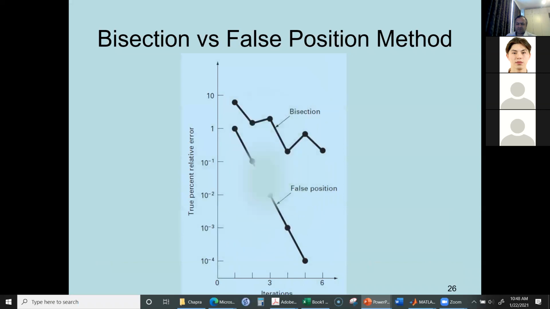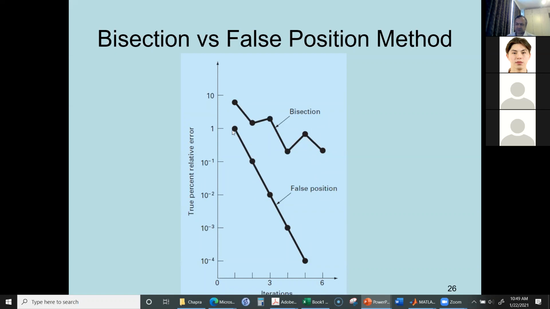So, bisection versus the false position method. In the bisection and the false position methods, the difference is that the true percentage relative error in the false position method continuously decreases, whereas in the bisection method there is kind of a zigzag situation, but ultimately the true percentage error also decreases.